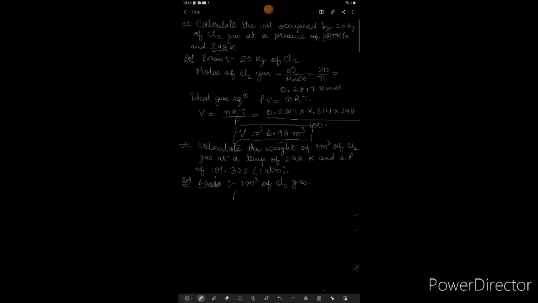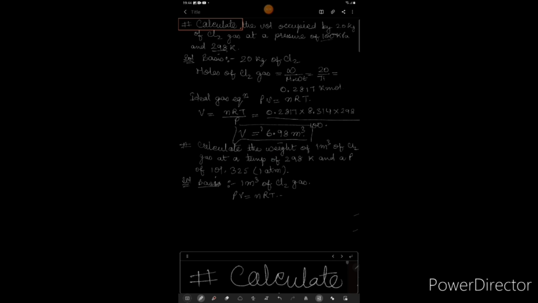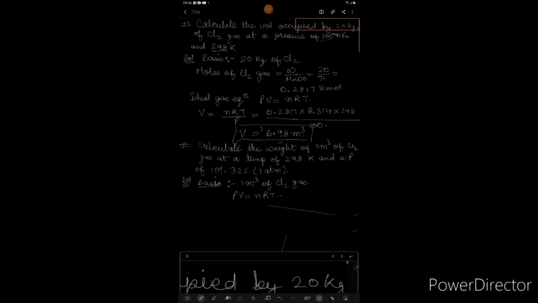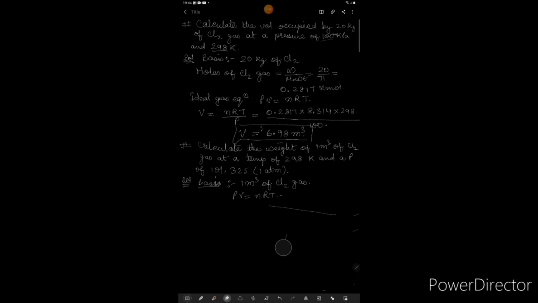So ideal gas law, PV equal to nRT, so n equal to PV by RT.